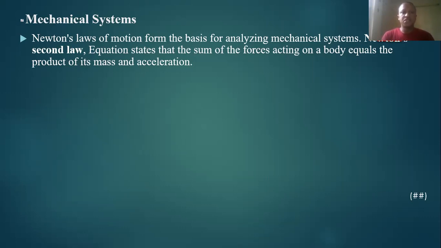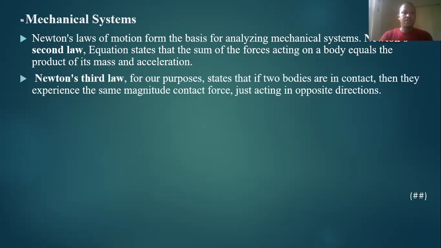Newton's second law states that the sum of forces acting on a body is equal to the product of mass and acceleration. Actually, this Newton's second law is the law of momentum conservation, that force is equal to the change of momentum.